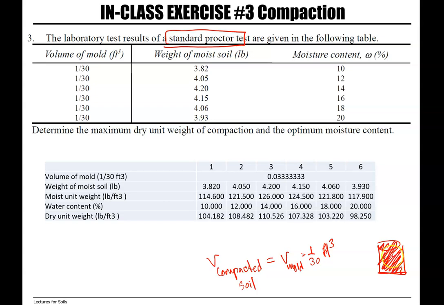And we also have weight of moist soil. So weight of moist soil is the weight of compacted soil in here. This will be volume of compacted soil, and this is weight of our compacted soil in the mold. When you divide weight by volume, you can calculate moist unit weight.